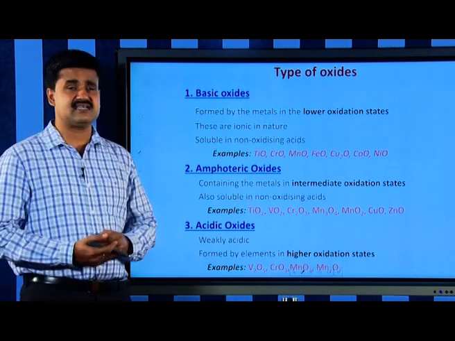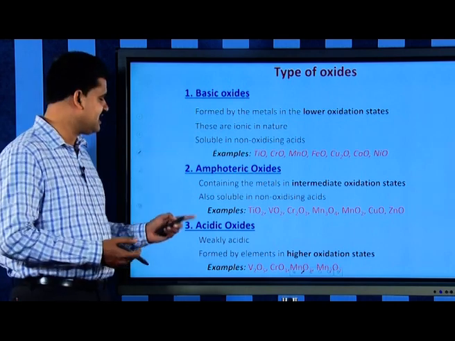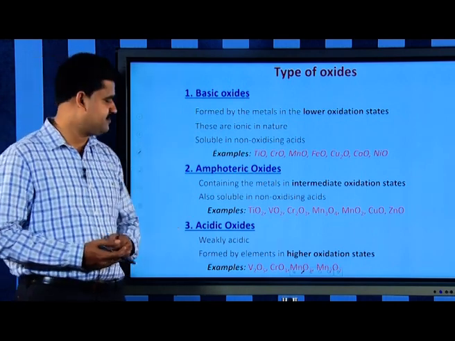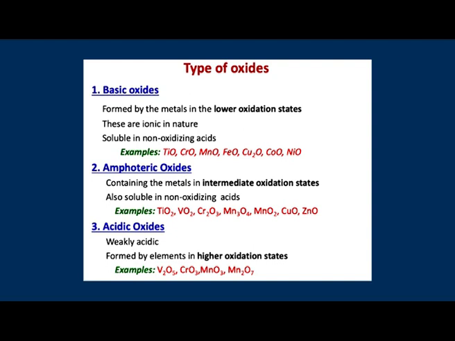And the last category of oxides are acidic oxides. Acidic oxides are not heavily acidic, but slightly acidic, and these slightly acidic oxides are shown by transition metals with a very high oxidation state.